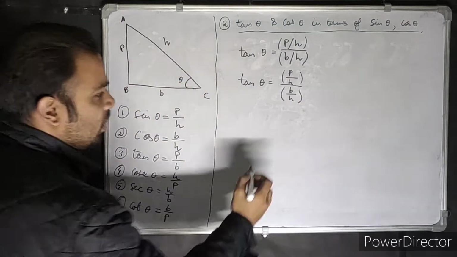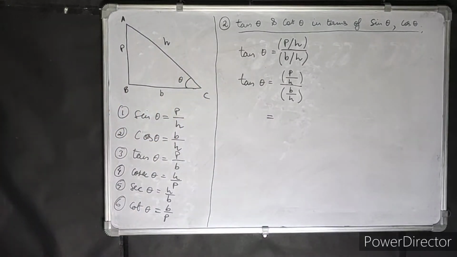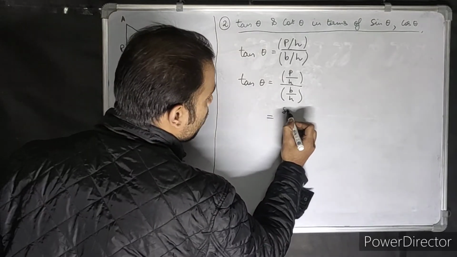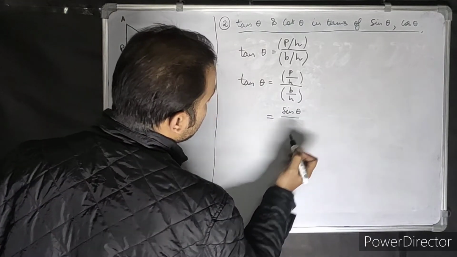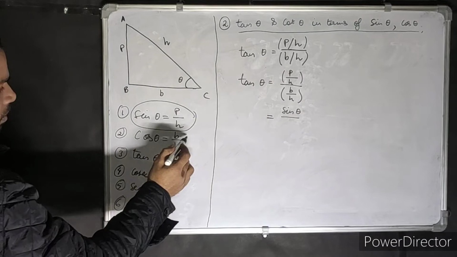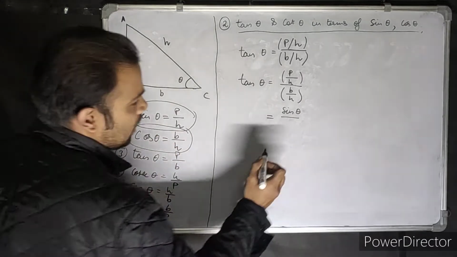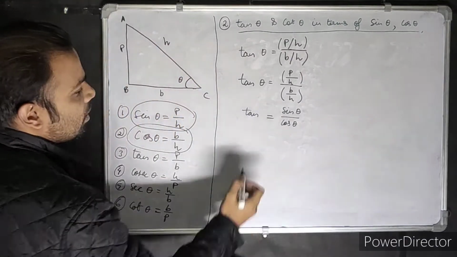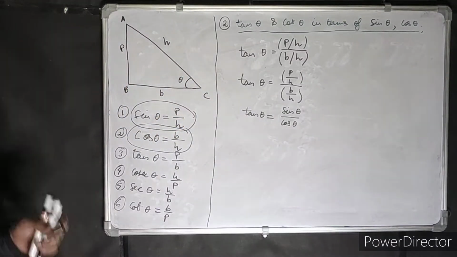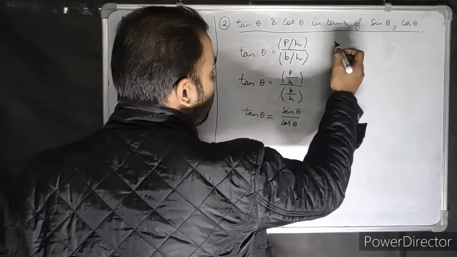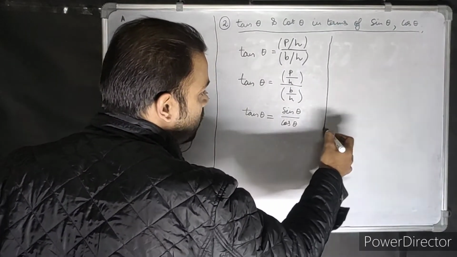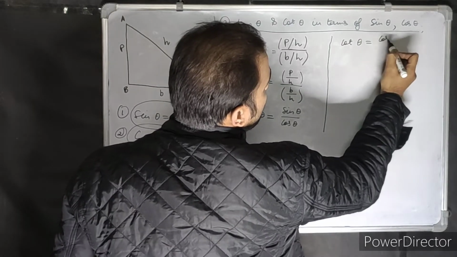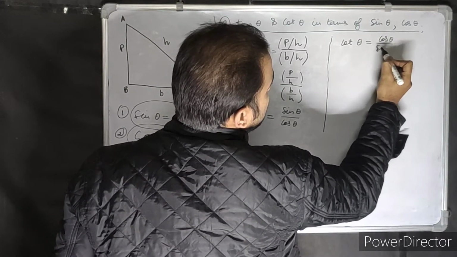Now if you notice, what is P by H? P by H is sine theta. So I can write sine theta on top. And B by H is cos theta, so I can write cos theta over here. So tan theta is sine theta by cos theta. If tan theta is sine theta by cos theta, then cot theta is cos theta by sine theta.